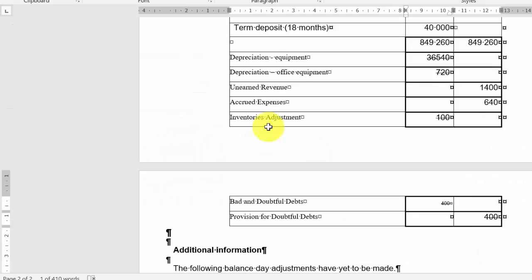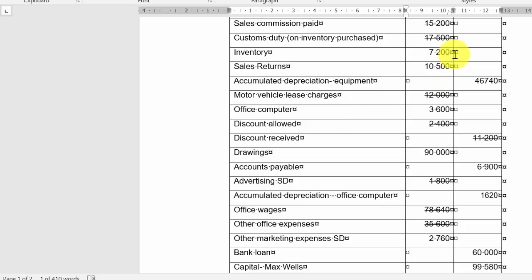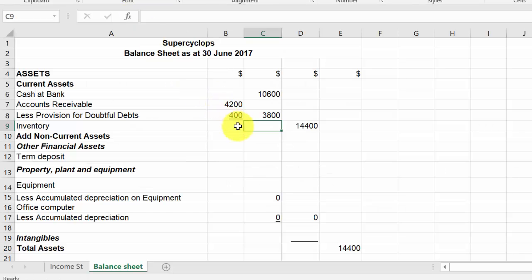My inventory, I'm going to get that figure from here. There it is, $7,200. So you can see my total current assets are that. Now I'm going to deal with my non-current assets.